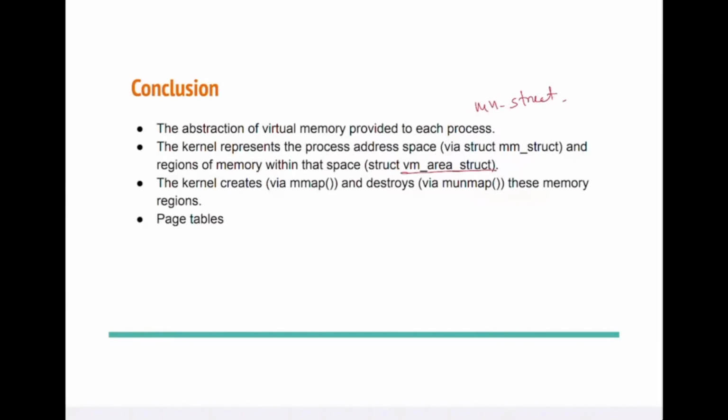The creation of different VM area structs we do with the help of the mmap system call. If you want to destroy the memory areas when the process finishes running on the system, we do it with the help of the munmap system call. And at the end, we discussed how page tables help us translate from virtual address space to physical address space. So this is all for this video. I will see you in the next video.